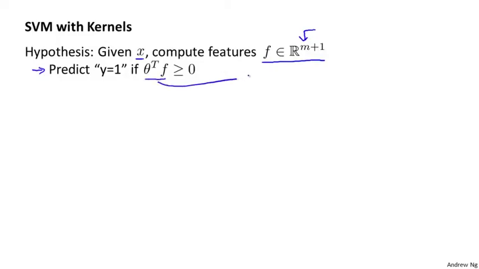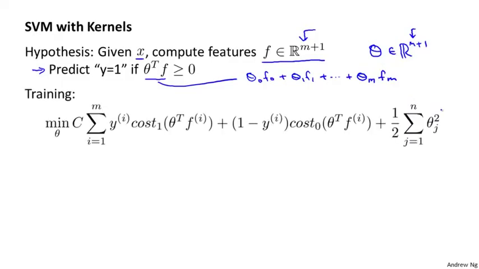Theta transpose f is just equal to theta 0 f0 plus theta 1 f1 plus dot dot dot plus theta m fm. And so my parameter vector theta is also now an m plus 1 dimensional vector, because the number of landmarks is equal to the training set size. So that's how you make a prediction if you already have a setting for the parameters theta.